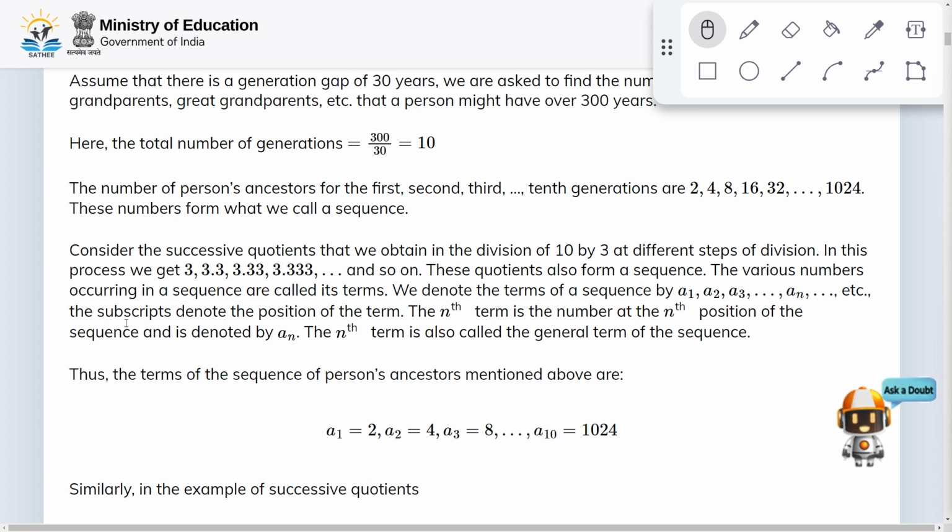The subscripts denote the position, as I have already told you. The nth term is also called the general term of the sequence.